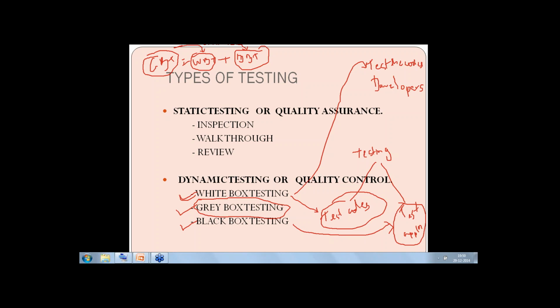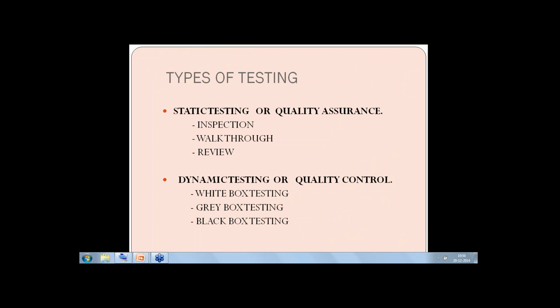Now there are other jargons or words also used for these. White box testing is also known as open box testing. It is also known as glass box testing. Okay, these are other jargons used for white box testing.